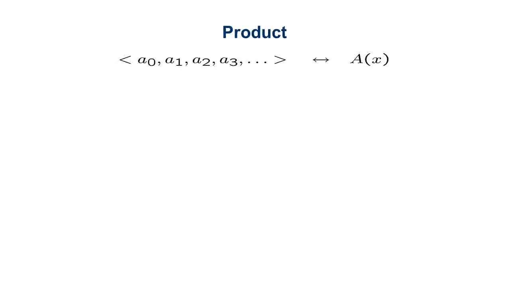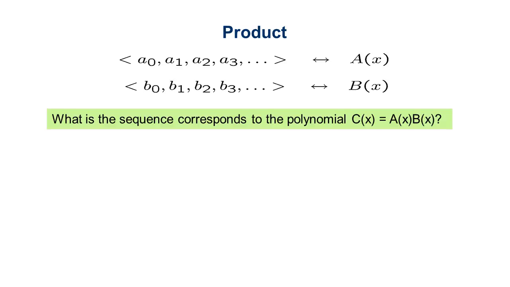Now, product. Here we take two sequences and two generating functions. First is a0, a1, a2, a3 equal to A(x), and b0, b1, b2, b3 equal to B(x). What is the sequence corresponding to the polynomial C(x), which is A(x) into B(x)?